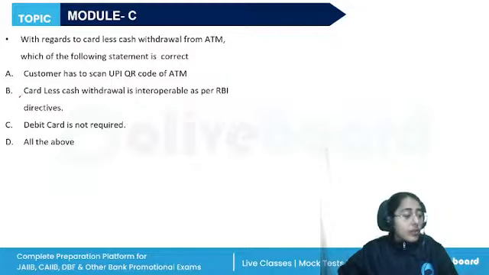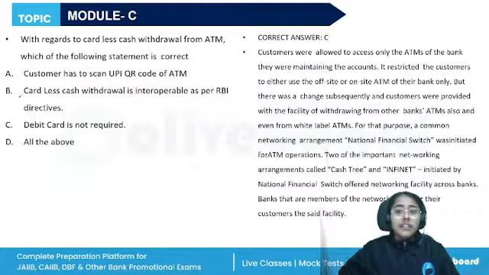A debit card is not required, or option D, all of the above. So, the correct answer, does the question ask us which of the following is correct? So, it will be D.